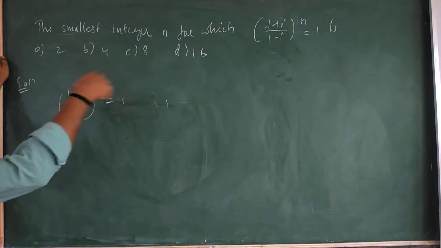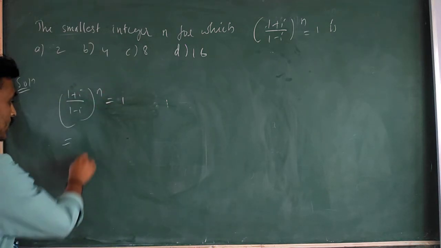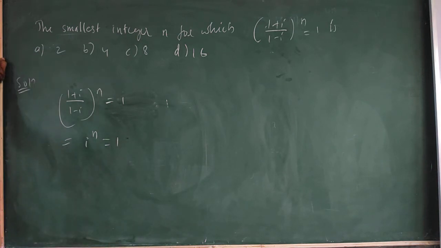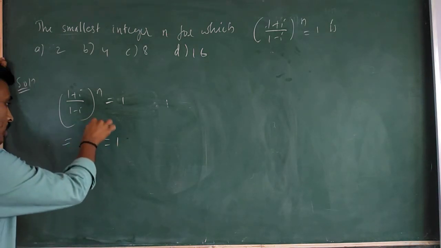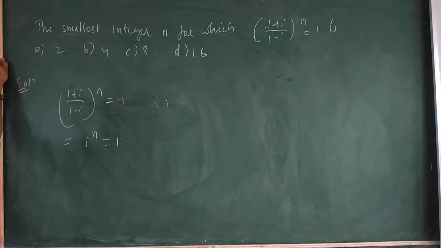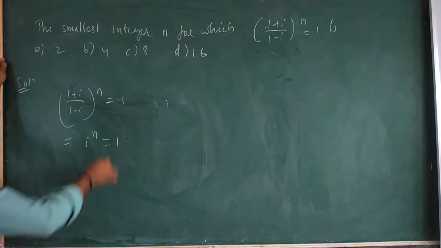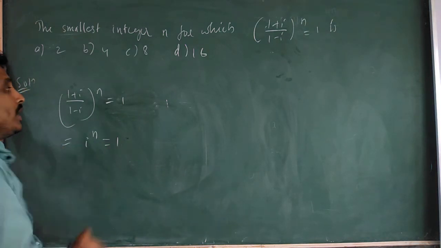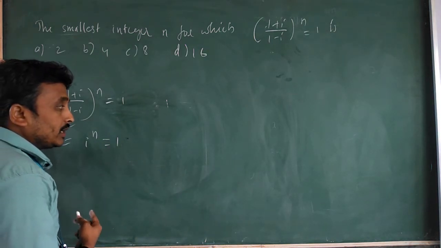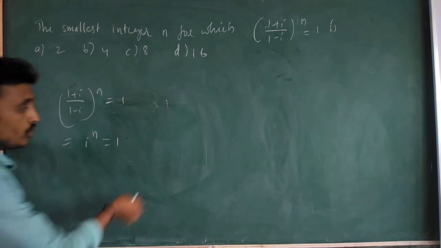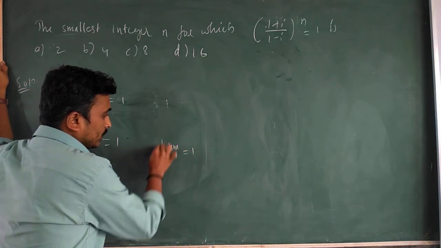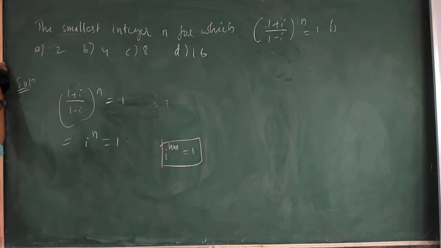Previous problem, just instead of 100 here n is there, so therefore i power n equals 1. For what value of n will we get 1? i power what value will get an integral multiple of 4. i power 4m equals 1.